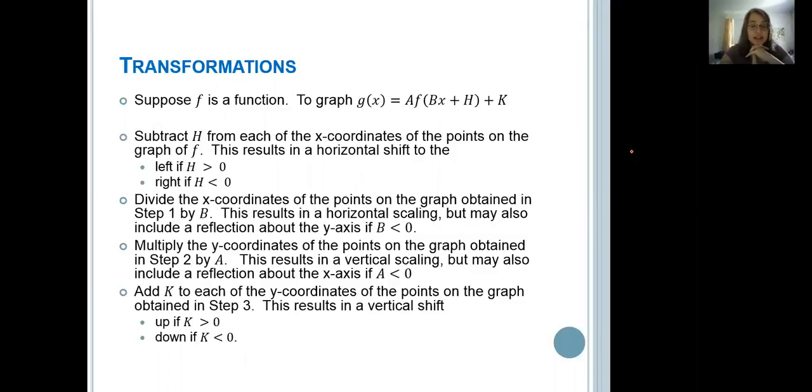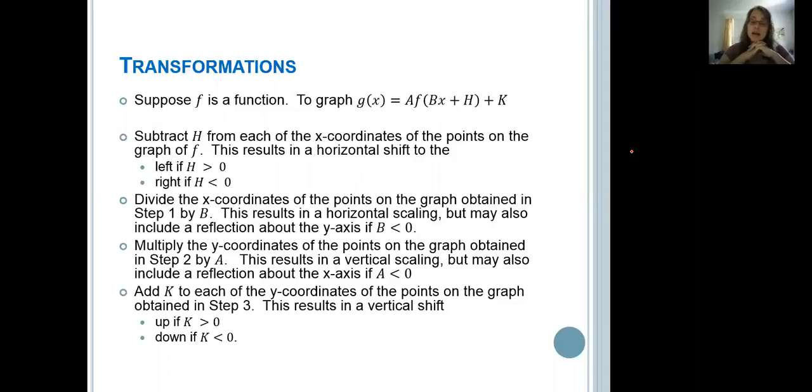Then you divide those shifted x coordinates by whatever your internal multiplier b is, and this will give you the horizontal scaling, but may also give you a reflection if b is negative. Once you've taken care of your internal horizontal adjustments, again, do your horizontal shift first, then accomplish any horizontal stretching by doing the division.